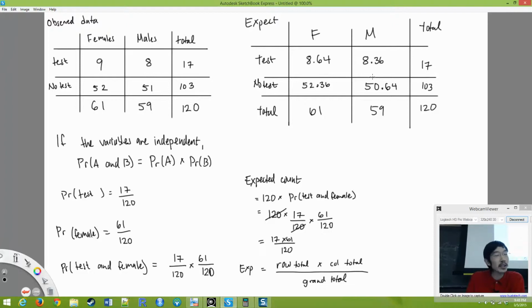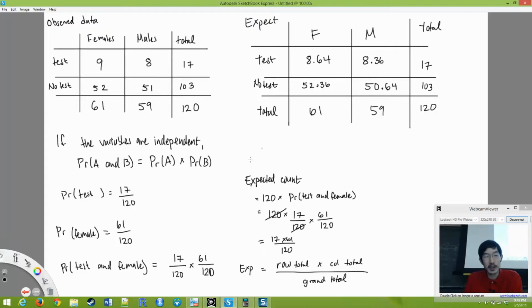Okay? And that actually illustrates the degrees of freedom. How many degrees of freedom would we have in this situation? We only have 1 degree of freedom, because once this number is determined, the other 3 numbers had no choice.